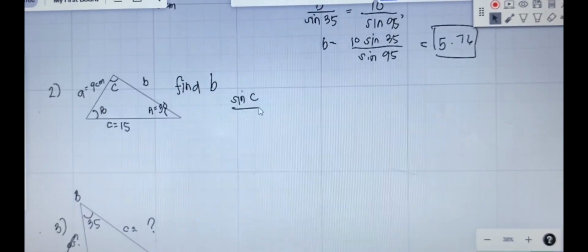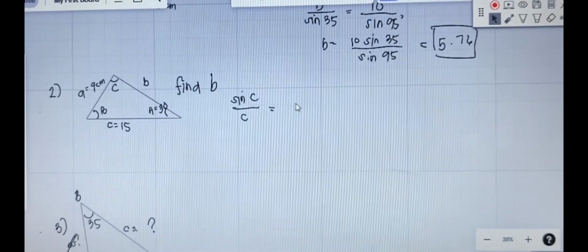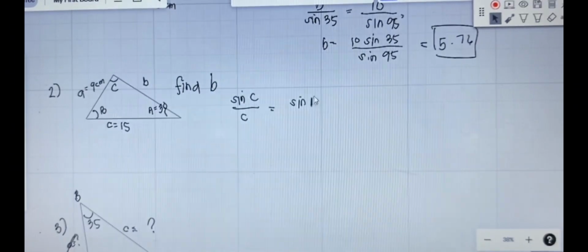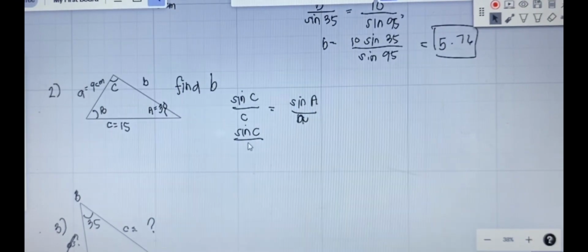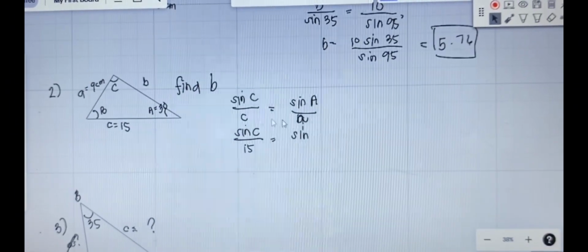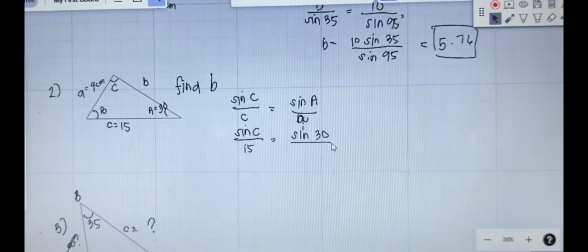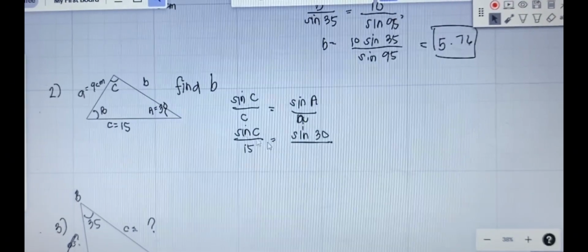So we can write sine C over c is equal to sine A over small a. Sine C, we're looking for that angle. Sine C over c, that's 15, equals sine of angle A, that's 30, over our small a, which is 9.